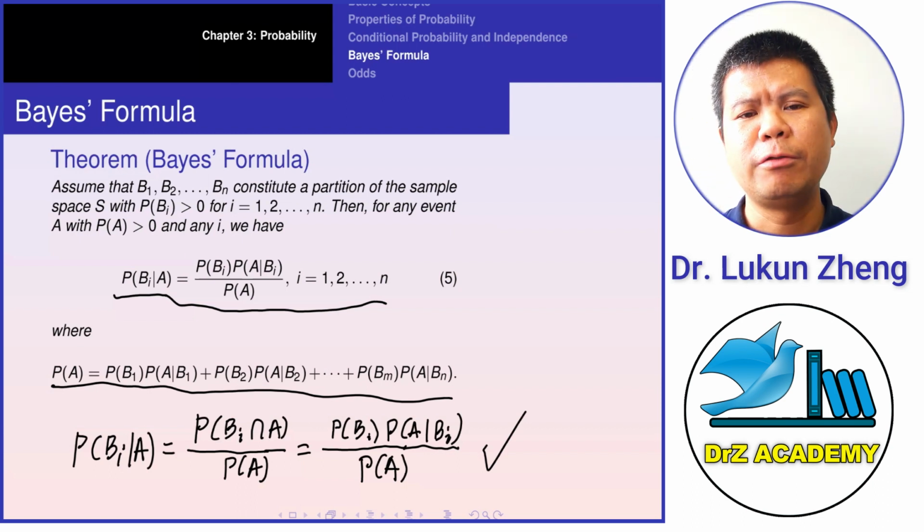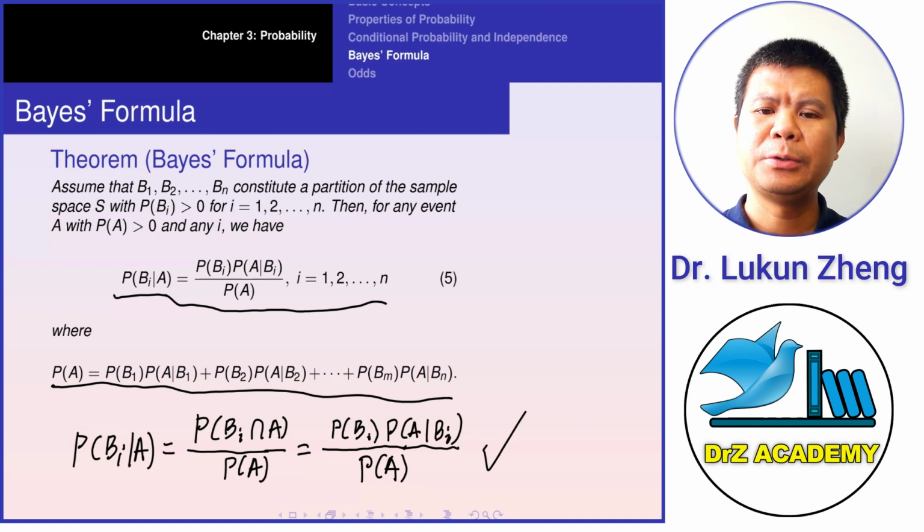So what does the Bayes formula do? Here you have these probabilities of Bi, which are called prior probabilities.